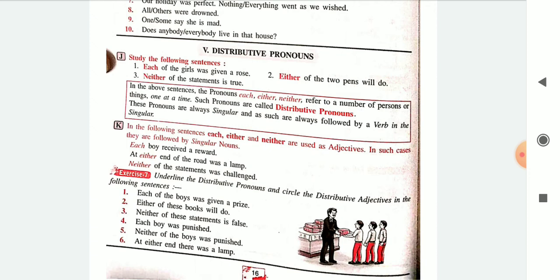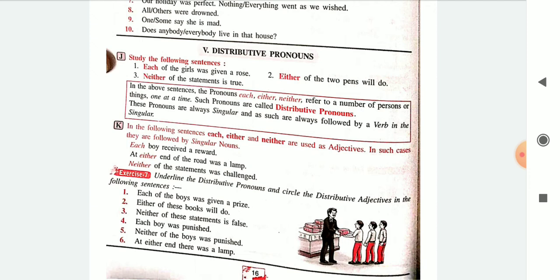So here neither is a distributive pronoun. Either of these answers is true. Either, distributive pronoun. Each and every boy was punished. Each, distributive pronoun. So these words, each, either, neither, if they are used in a sentence, are distributive pronouns.